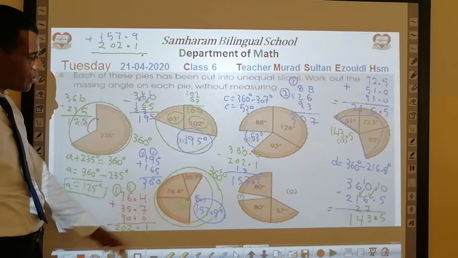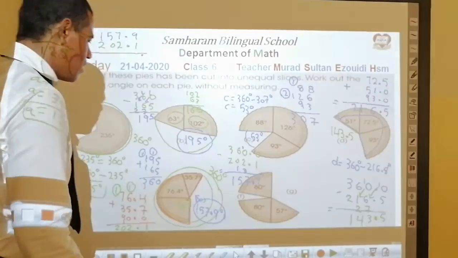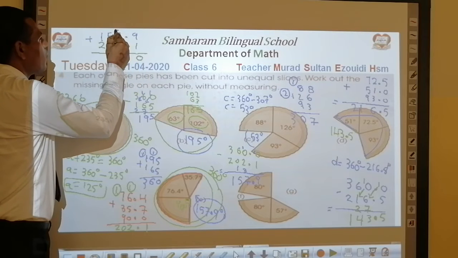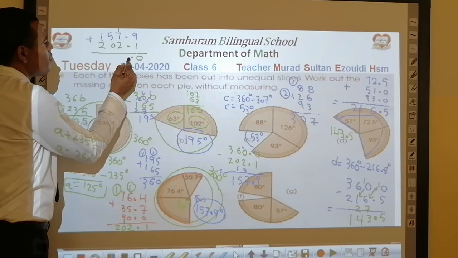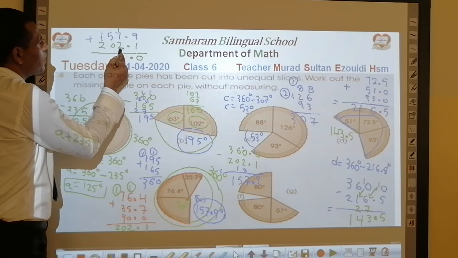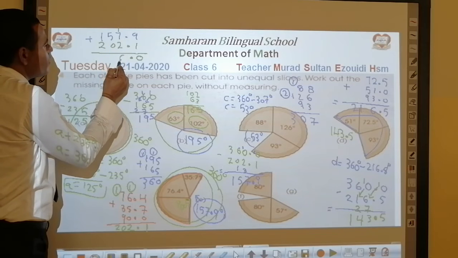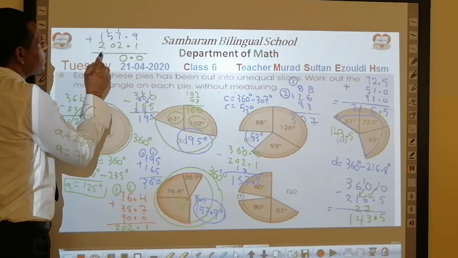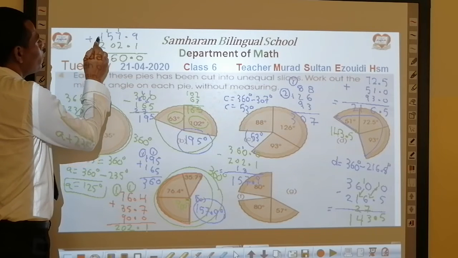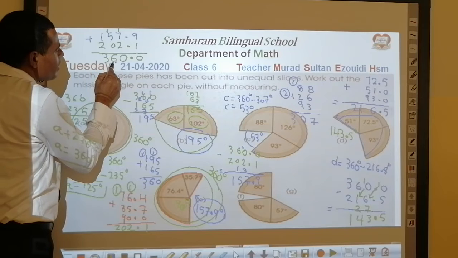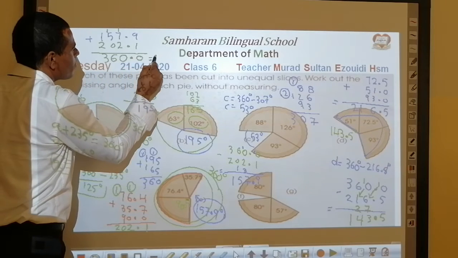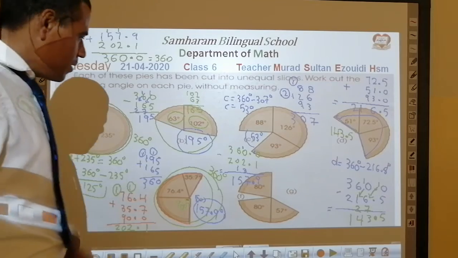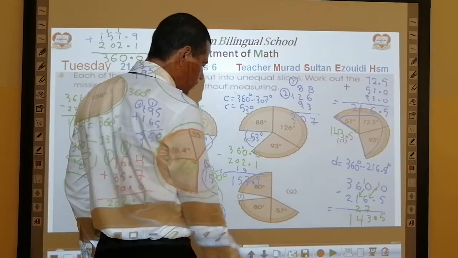If it is 360, then the answer is correct. 9 plus 1 is 10. I will carry 1. This is the small point. 7 plus 2 is 9, plus 1 is 10. I will carry 1. 5 plus 1 is 6, plus 0 is 6. Okay? 1 plus 2 is 3. It will be 360.0. Equal 360. Okay?